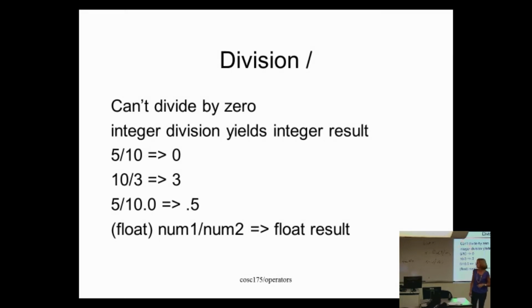It's only when you try to do two of the same. The reason it's a problem with division is because when I take an integer divided by an integer, I want a float answer. But the operator determines what type of operation to perform by looking at the two operands. This is integer, this is integer. So it's only going to do integer division. So the answer is 0, okay? Because that's an integer answer.